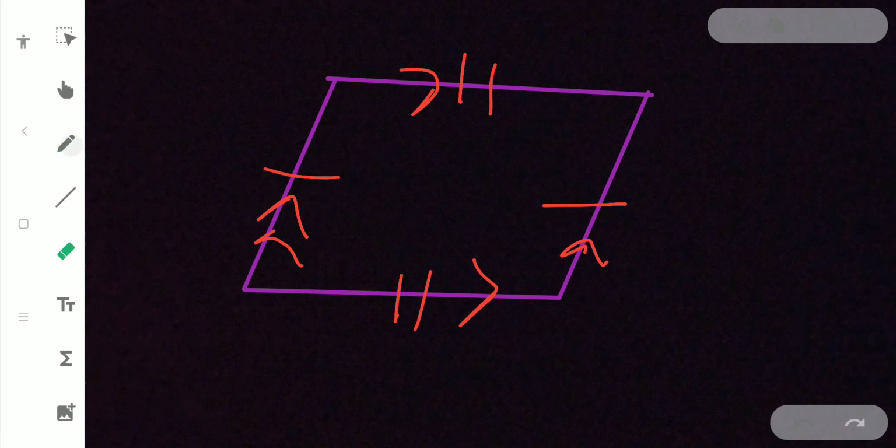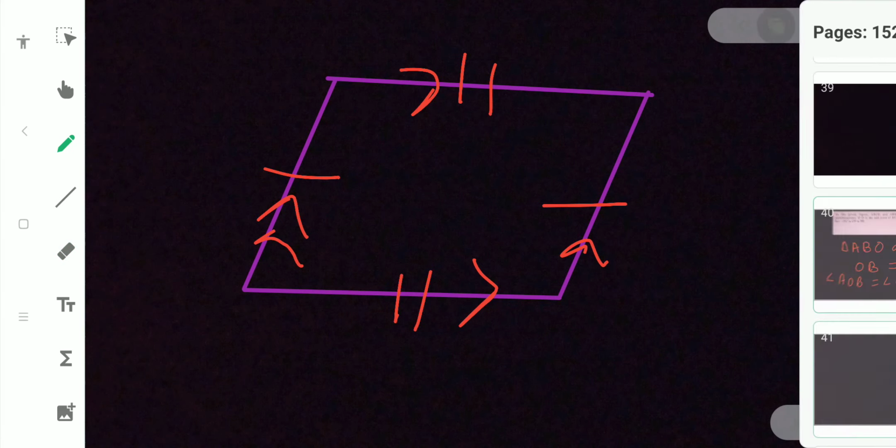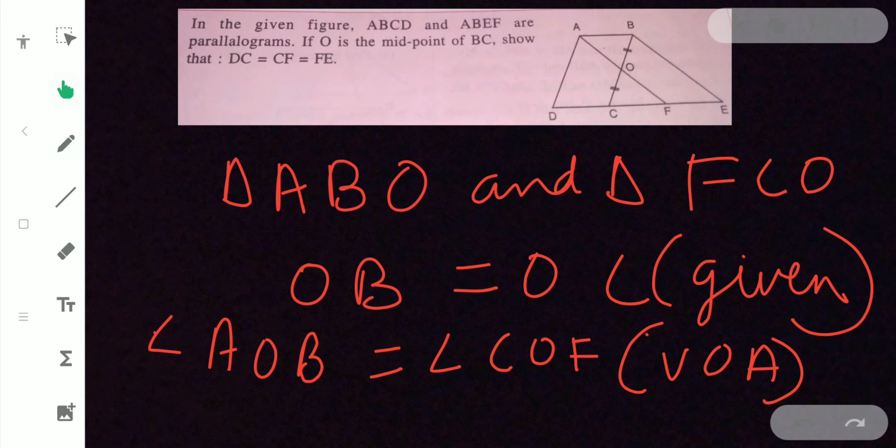So when they are parallel, and here we are having a parallel, BC is a transversal for them. So these lines will be parallel and BC will be transversal.